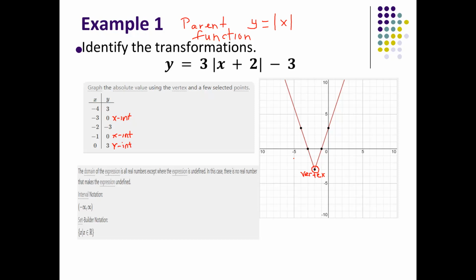Another key feature for this example is our range, where y is greater than or equal to -3.